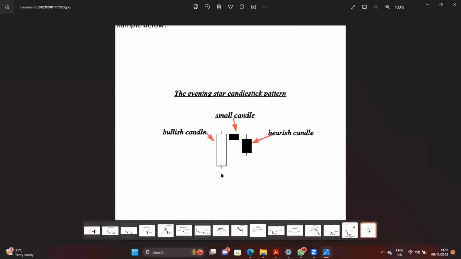Just like you have a wall above, a wall by the side, and then a base behind. So the first part of an evening star is bullish. This means that bulls are still pushing the market higher.